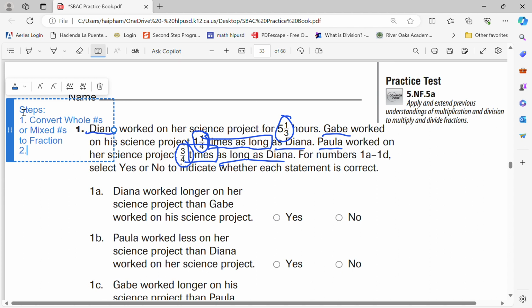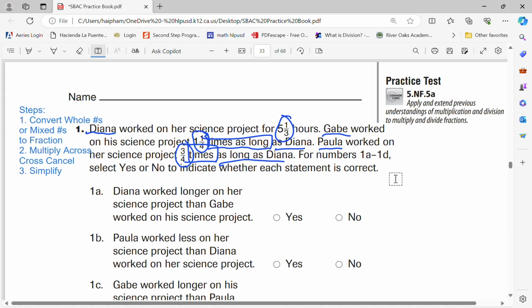Step 2, multiply across, cross cancel if you feel comfortable doing so. And step 3, simplify.